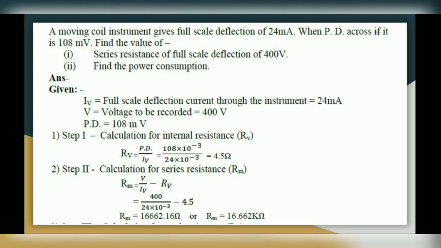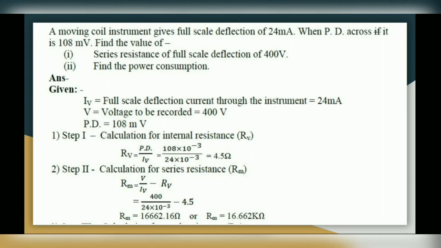Next numerical is on multiplier resistance. A moving coil instrument gives full scale deflection of 24 milliampere when PD, that is potential difference across it, is 108 millivolt. First, find the value of series resistance for full scale deflection of 400 volt. Second, find the power consumption.